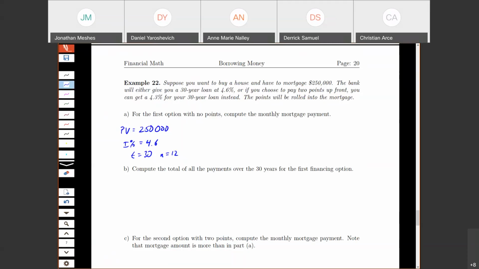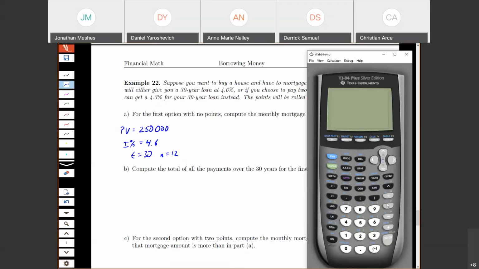So when I go to my solver here, I'm going to do 12 times 30. Interest rate's the same as in the last example. We're borrowing $250,000, final value of 0, payments per year is 12. Now let's solve for a monthly payment, and I get $1,281.61.